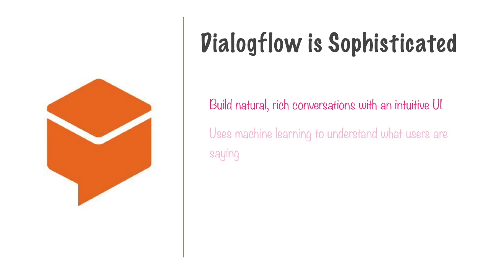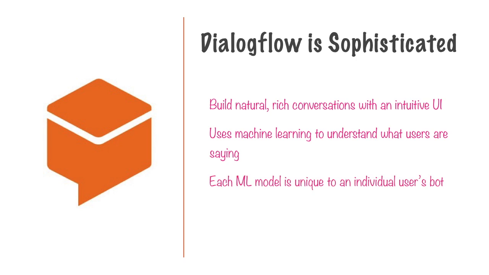We mentioned earlier that Dialogflow is an artificial intelligence based bot which means it uses machine learning to understand what it is that the users are saying. It figures out the intent of the user conversation by using natural language and other machine learning techniques.